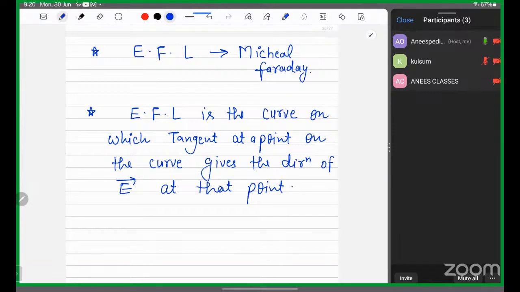So this is somewhat a precise definition for electric field lines. An EFL is any curve on which, if you draw a tangent at any point of the curve, that tangent will give the direction of electric field E.